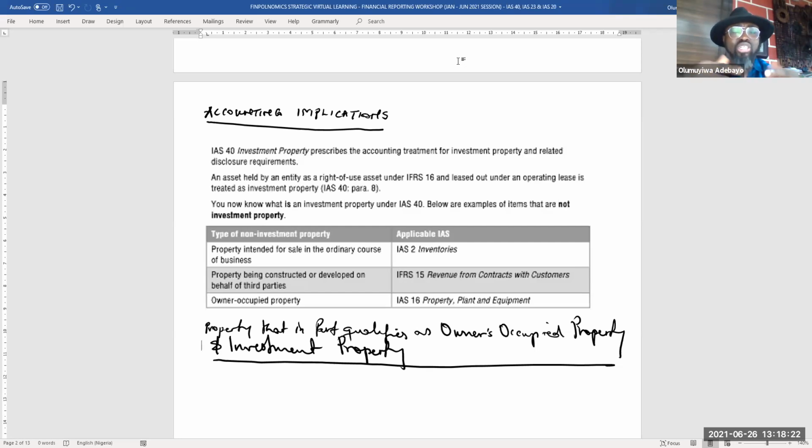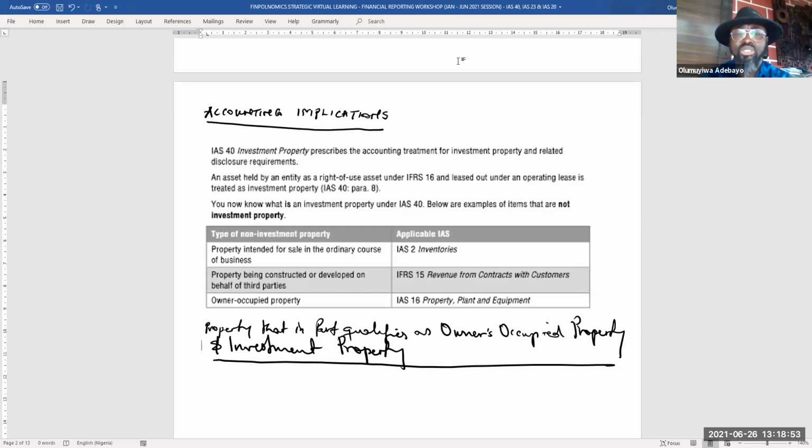Which means if such instances are more or less observed, we can easily say yes, there's a part that qualifies as investment property and there's a part that qualifies as owner-occupied property. And likewise, the portion that is occupied, whether as owner-occupied or investment property, should not be insignificant. Otherwise, it will have negated the whole principle.